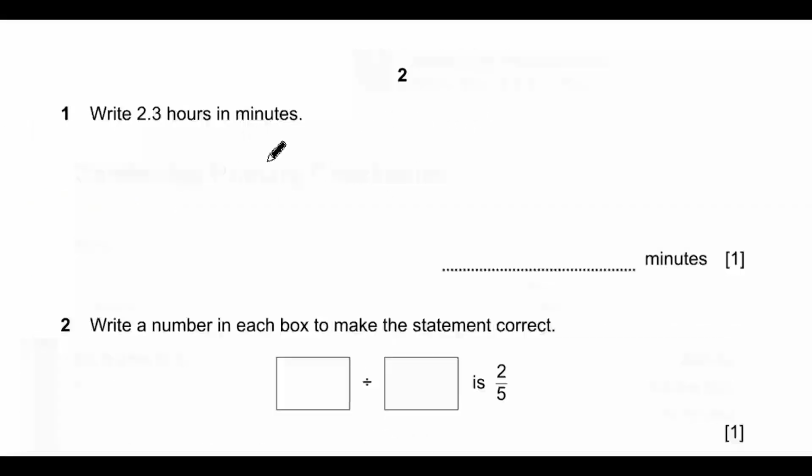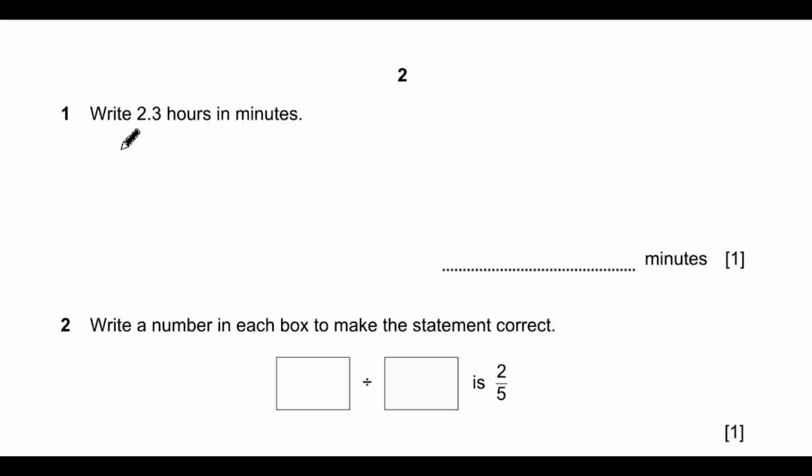Write 2.3 hours in minutes. To convert from minutes to hours, you have to divide by 60, and to undo that, from hours to minutes, you multiply by 60.